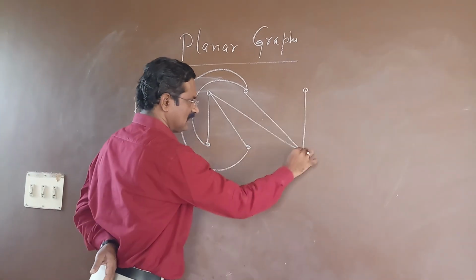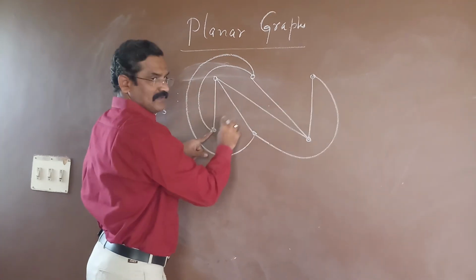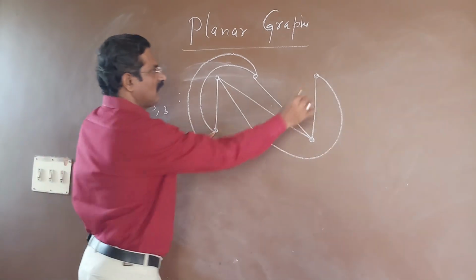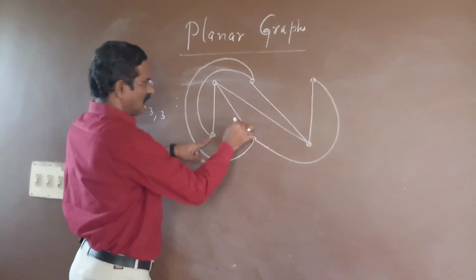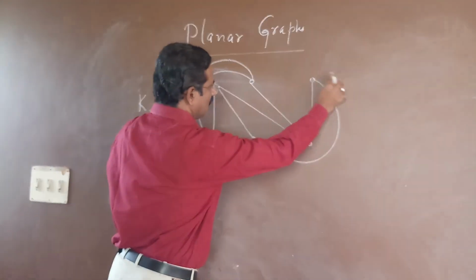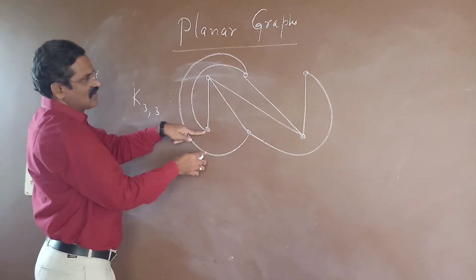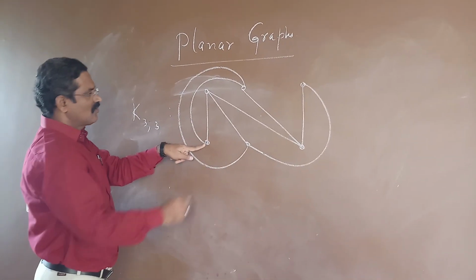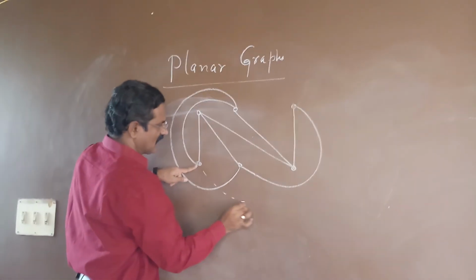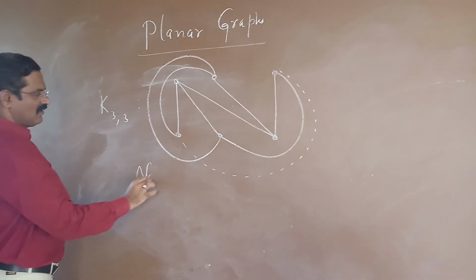Now we need to join these 2 vertices without the intersection of the edges. Is it possible? Let us think. If we join in this way, there is an intersection. If we take the edge in this way, again there is a possibility of intersection. So it is not possible to join these 2 vertices without the intersection. So therefore K3,3 is non-planar.